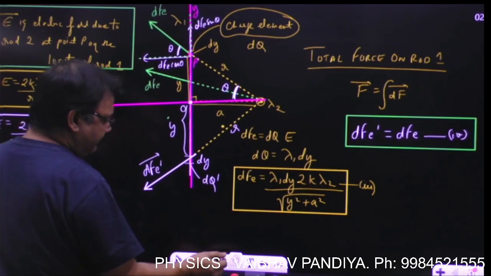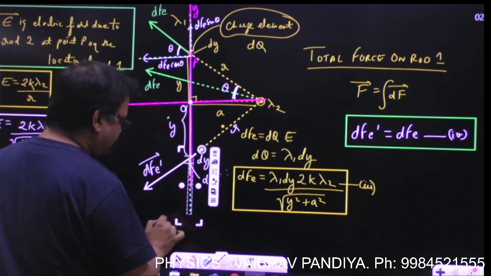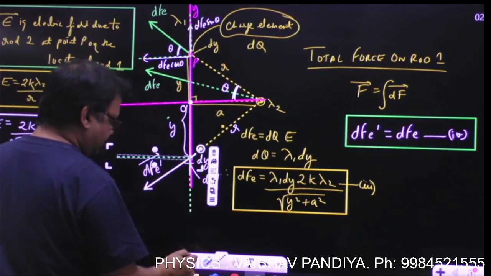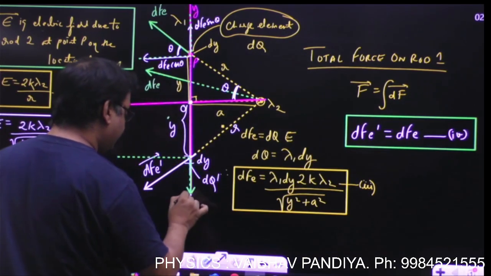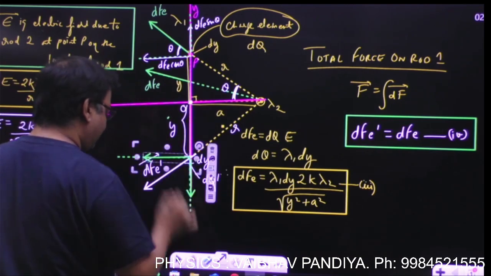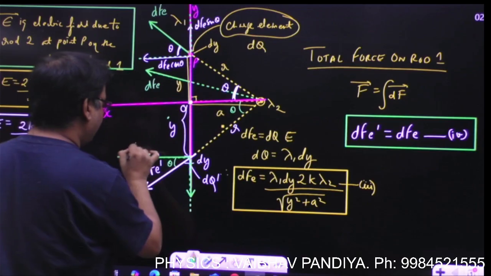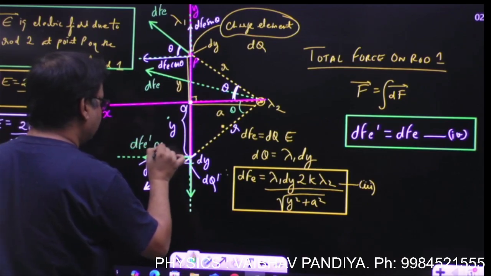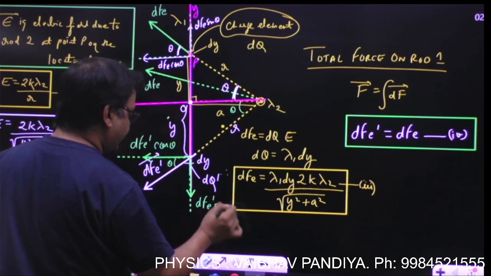So what happens if you take the components of this lower elemental electric force? We'll have one component downward and one component this side. If this angle is theta, this will also be theta, so this will be dF dash cos theta, and this is dF dash sin theta, correct?